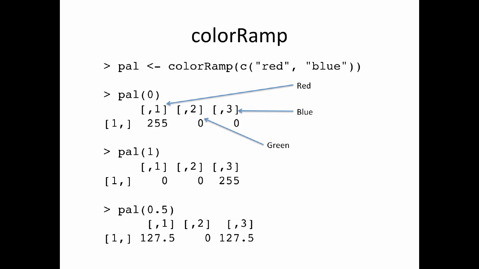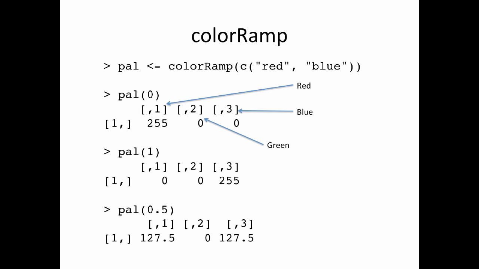So when I say pal of 0, what do I get back? I get a little matrix here with one row and three columns. The three columns represent the colors red, green, and blue. In the first column, I've got 255, which is the maximum value that I can have for these colors.